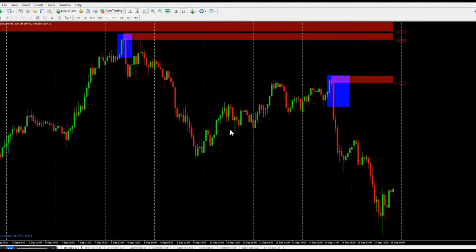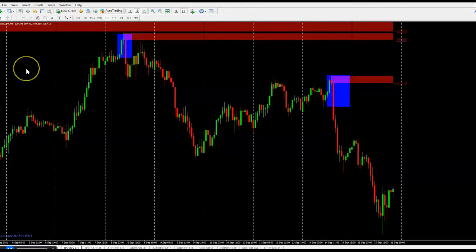I put on my supply and demand zone, and it showed you that the pattern formed right here at the supply zone. It came down, its pullback, it pulled right back into the supply zone again. This is your supply zone. It came back into your supply zone again. It formed this pattern. So this is what you'll be looking for.